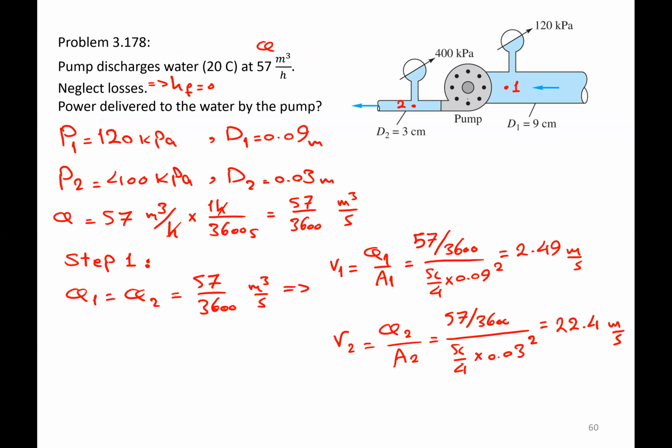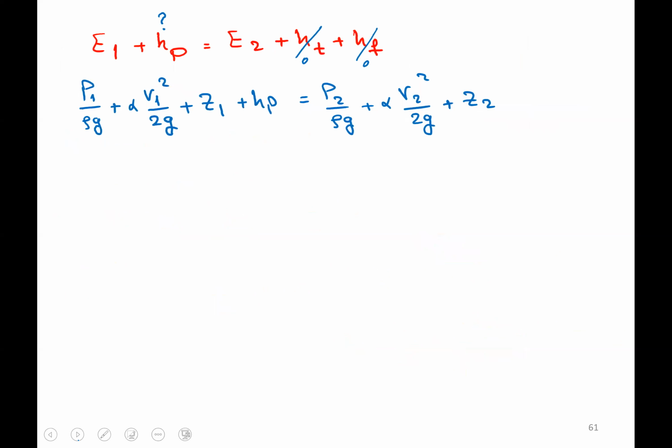The difference is just the radius of this pump, which is very small. So we can say Z at point 1 is almost equal to Z at point 2. So these 2 terms, Z1 and Z2, cancel each other.